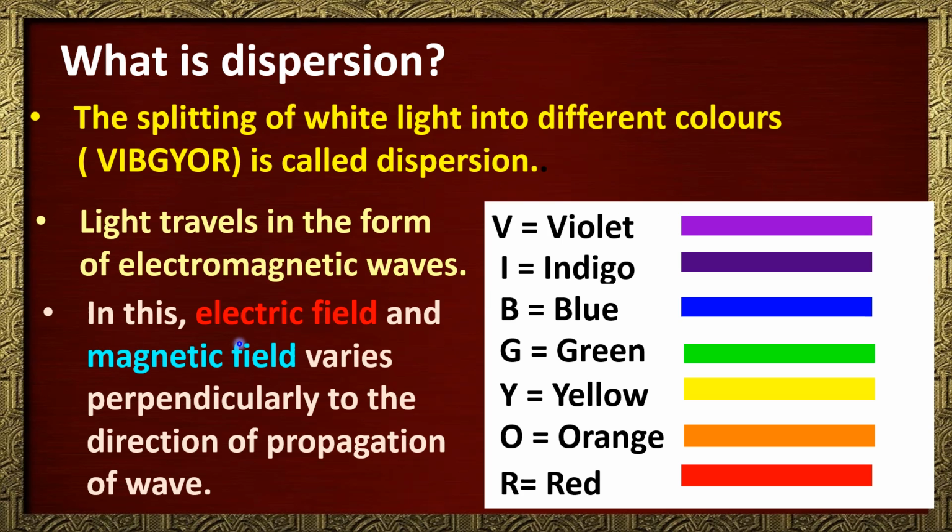In this, electric field and magnetic field vary perpendicularly to the direction of propagation of the wave. Next I am going to show you how an electromagnetic wave propagates. The main property of an electromagnetic wave is that it doesn't require any medium. It travels even in vacuum also.